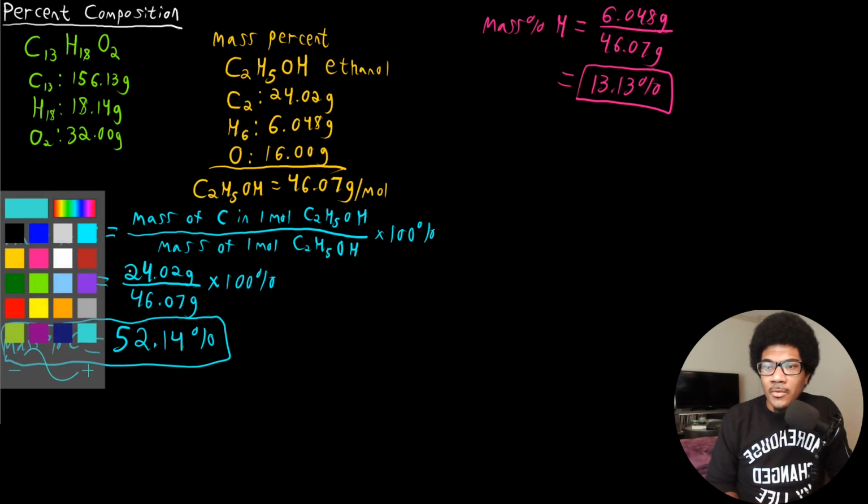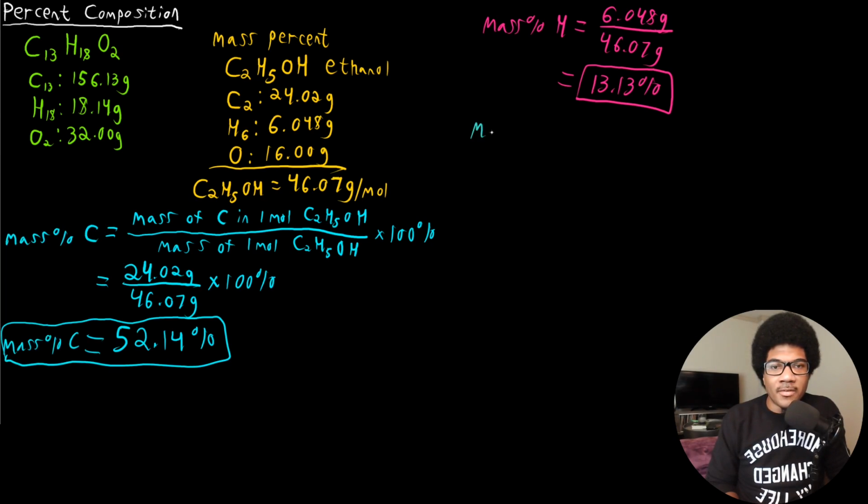And then finally, we have oxygen present there. So the mass percent for oxygen is going to be its contribution per 1 mole, 16 grams, over the mass of 1 mole of ethanol, 46.07. I should put times 100 after each of these. So times 100.